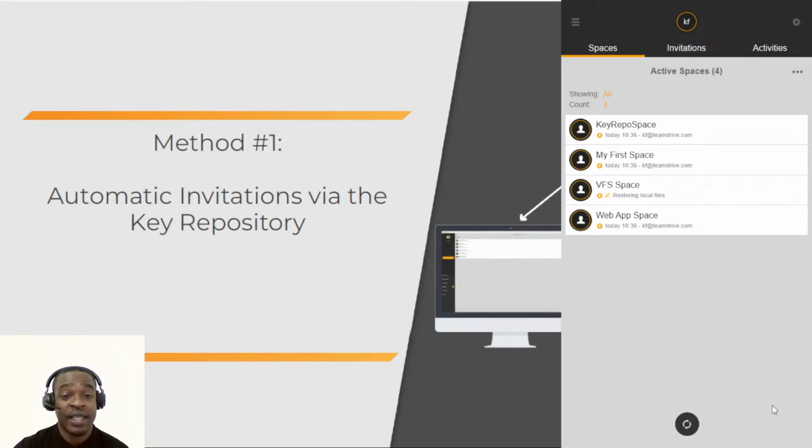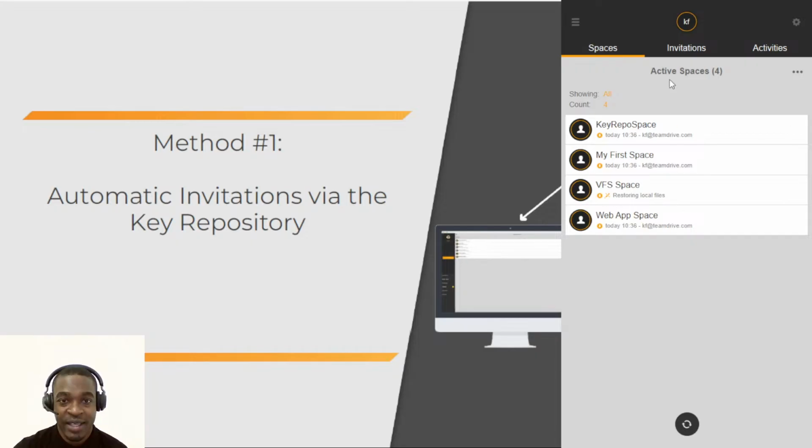But the key thing here is that we've seen that after a new installation, we will be automatically invited, so to speak, to spaces whose keys are stored in our key repository, and these spaces were active in one of your previous installations or your most recent installations.